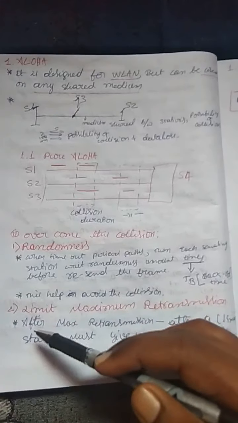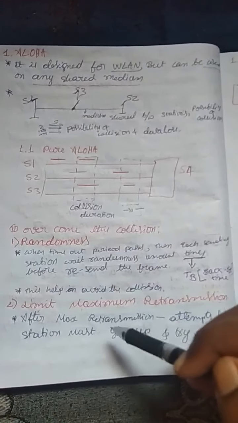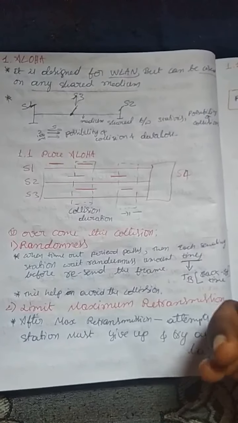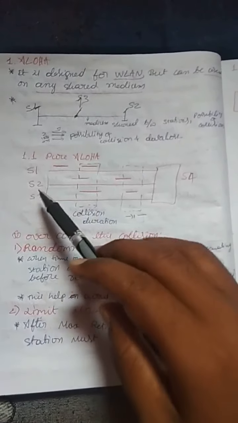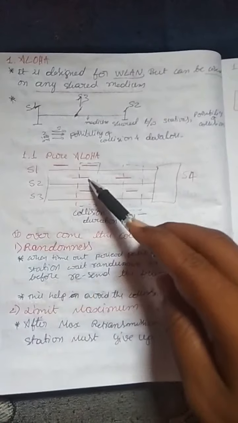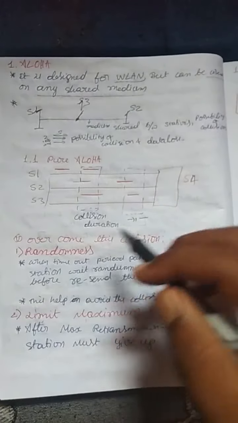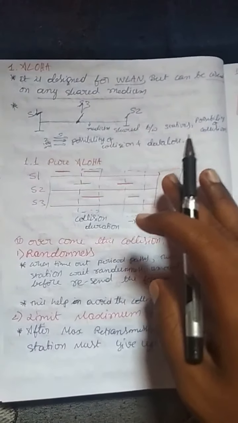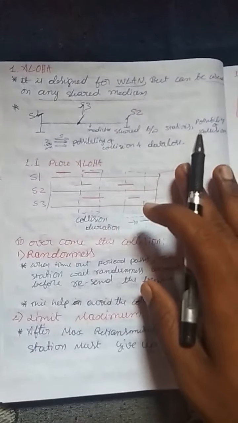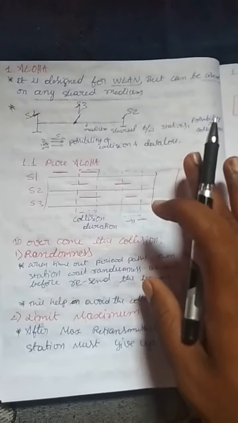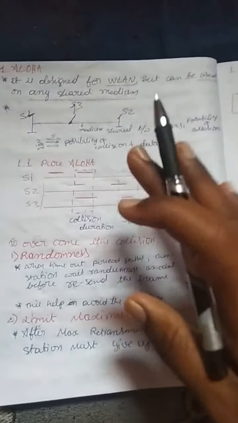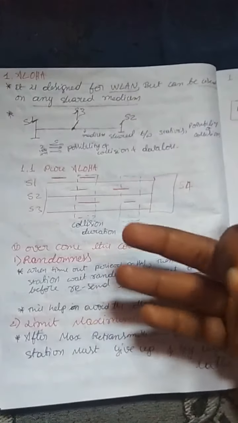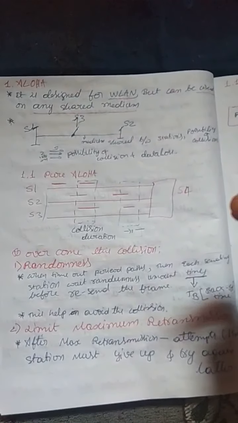That means you will do n number of retransmissions, but if it still does not succeed in reaching the receiver, you give up at that time and try again later.